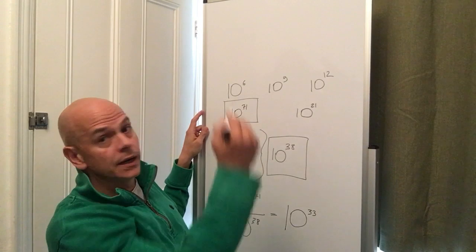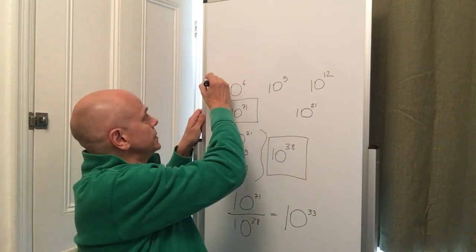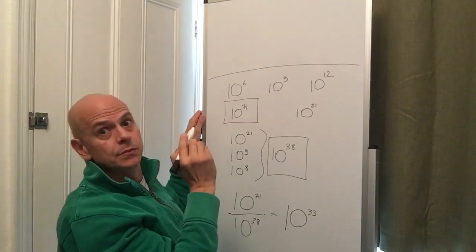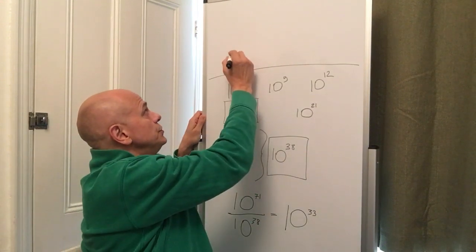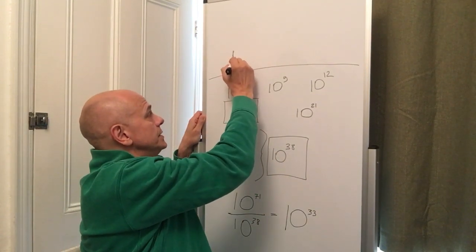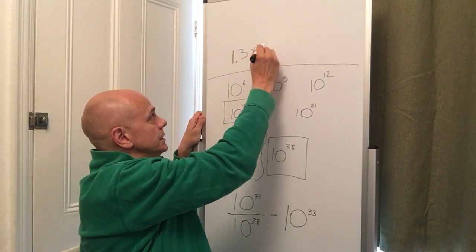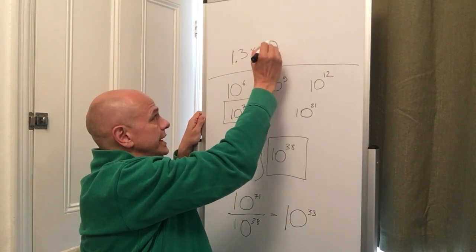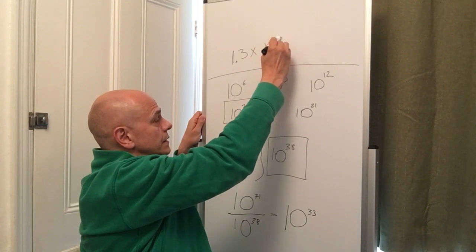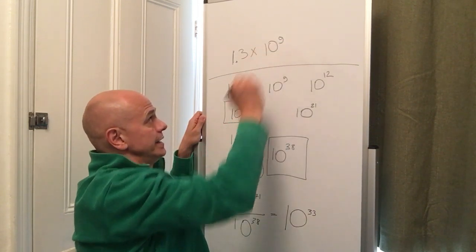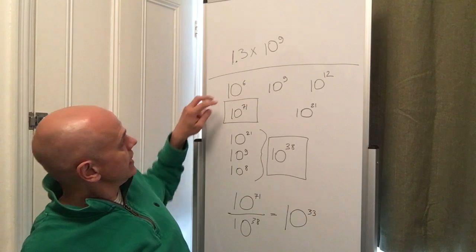And keep in mind, I'm going to go back up to the top now. I'll just pull a line here. Keep in mind that the age of the universe, as best as we can fathom it, is 1.3 times 10 to the 9th. Okay?